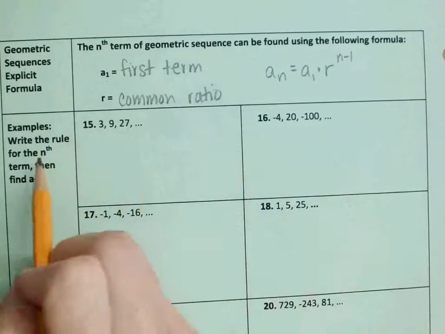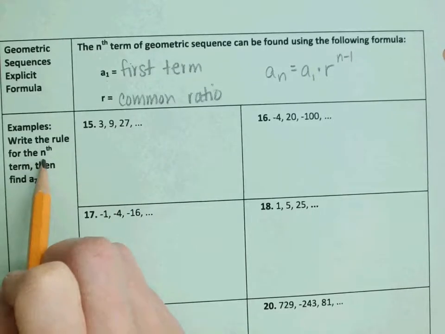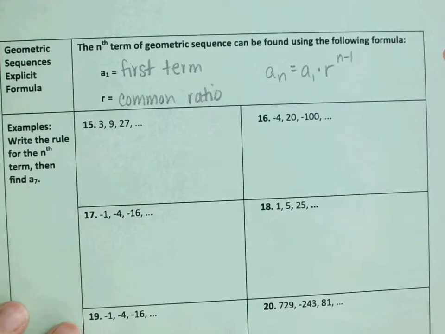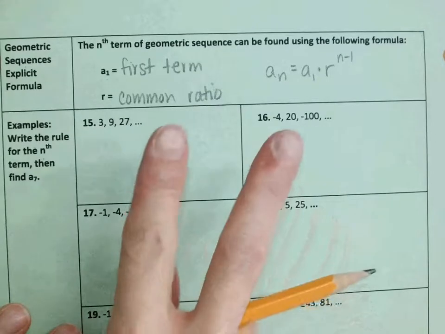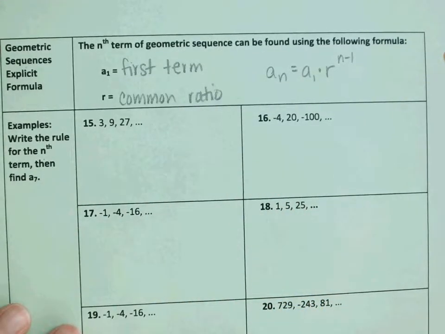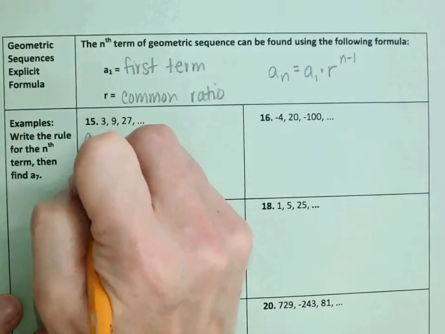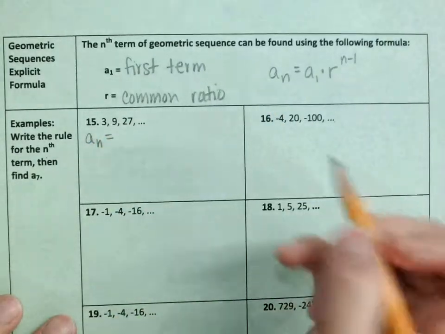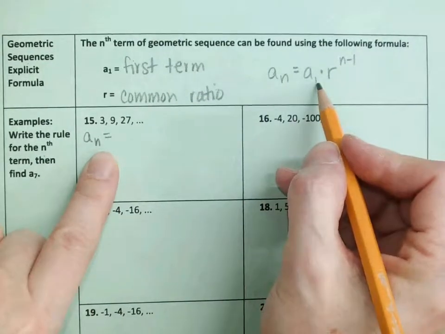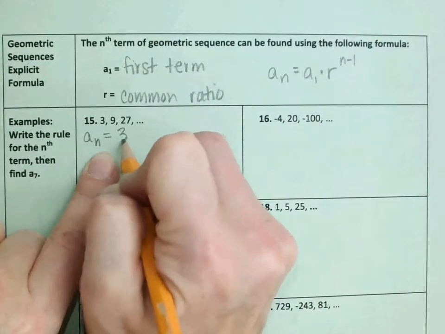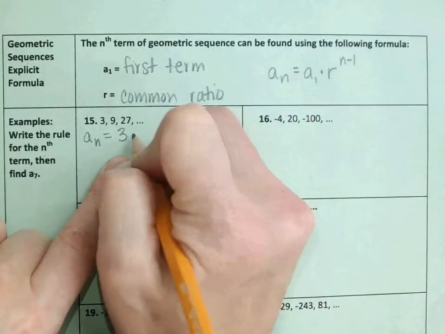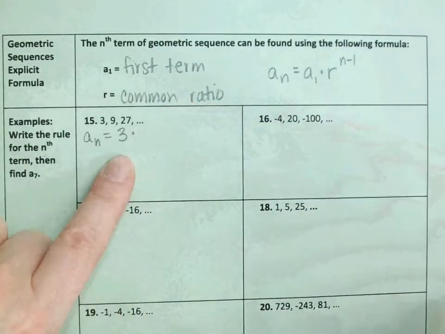So for 15, it says write the rule for the nth term, then find a sub n. So this is going to be two things that we want to make sure that we're doing, and you'll see that I require the same thing for the homework. So for number 15, a sub n, again, we're just using substitution. 3 is our first term times our common ratio.